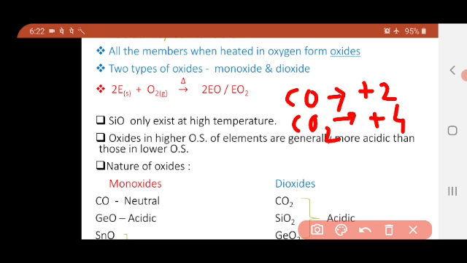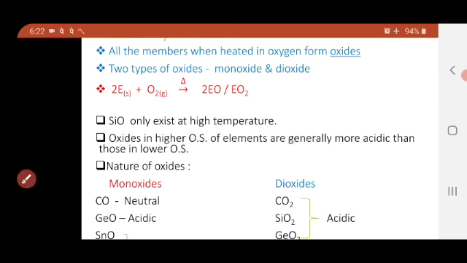So +2 is the lower oxidation state and +4 is the higher oxidation state. Now what is the general statement? In higher oxidation state of the elements, the oxides are more acidic, meaning CO2 is a more acidic oxide compared to CO, that is carbon monoxide. This is the meaning of the statement.